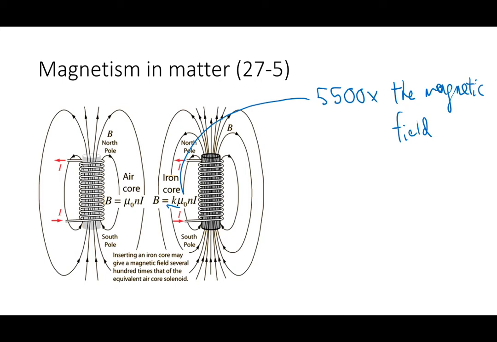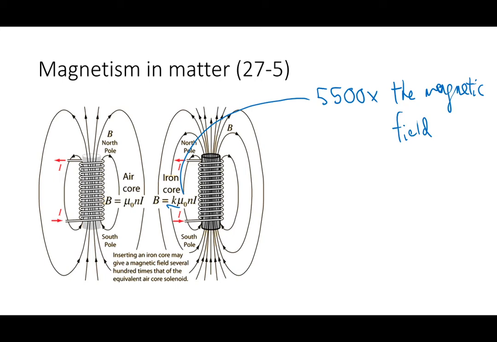So it's not very efficient to create magnetic field just with a coil wire sitting in air. If you stick an iron core through it, you're going to get a much, much bigger magnetic field. And so for most electromagnets, you'll see that there is actually a core inside like that.